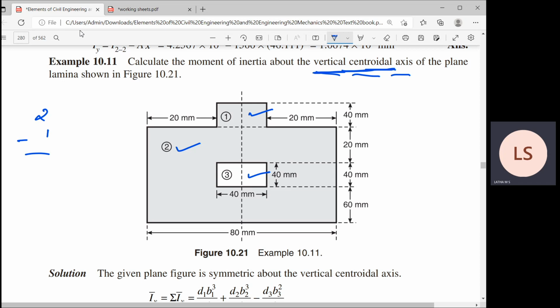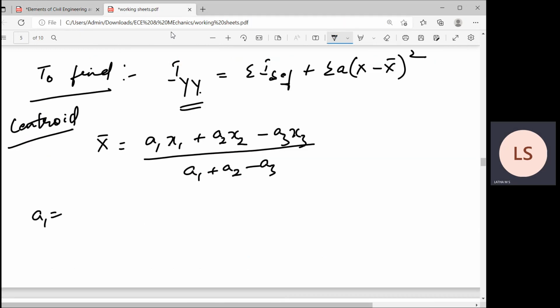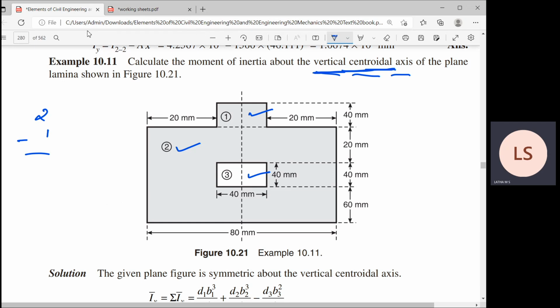What is A1? A1 is the small rectangle, given as 40 by 40, which is the area of A1. What is x1? I'll locate the whole lamina in the first quadrant.